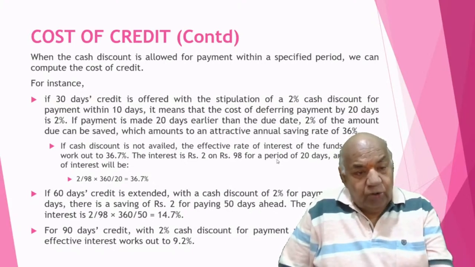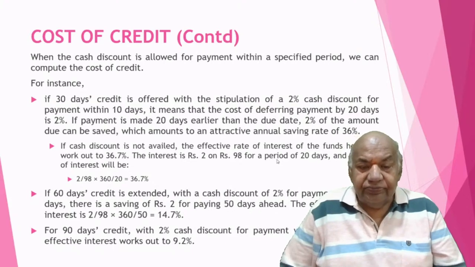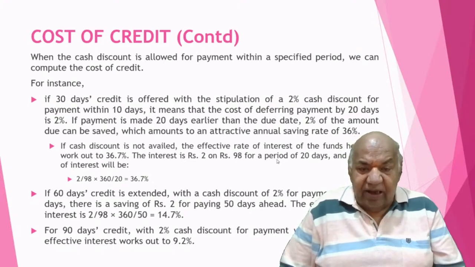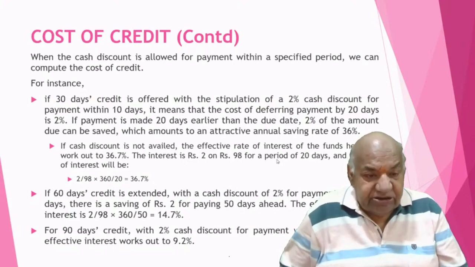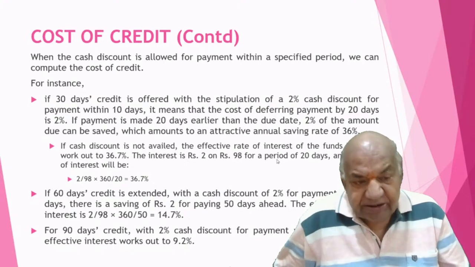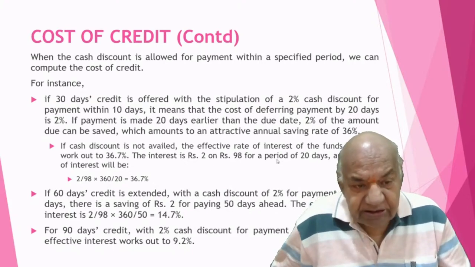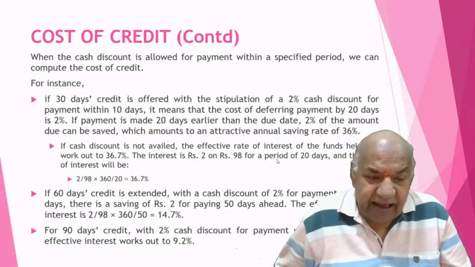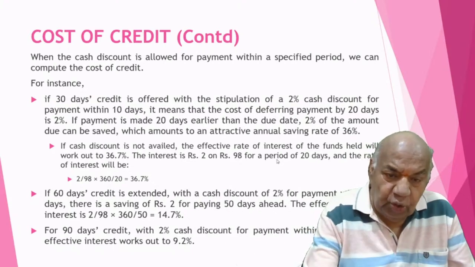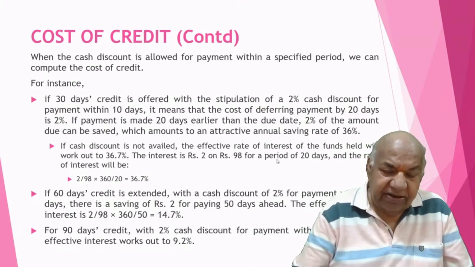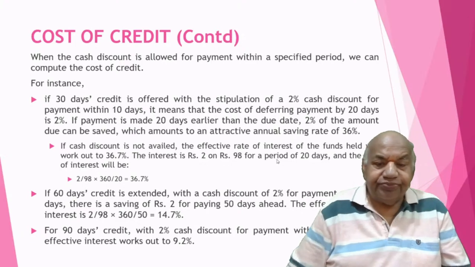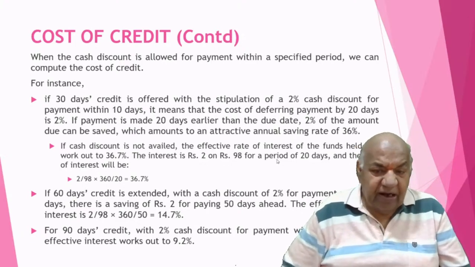If cash discount is not availed, the effective rate of interest of the funds held will work out to be 36.7%, which is the interest of rupees 2 on rupees 98, that is 100 minus 2, for a period of 20 days.